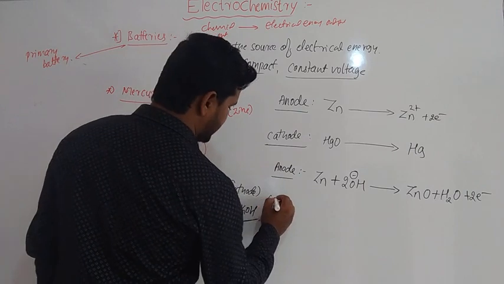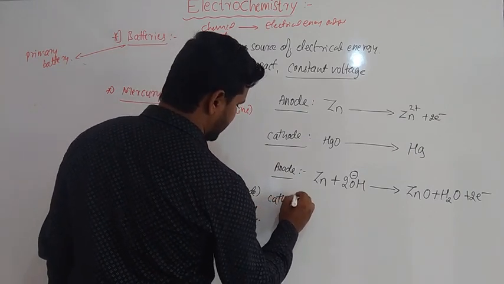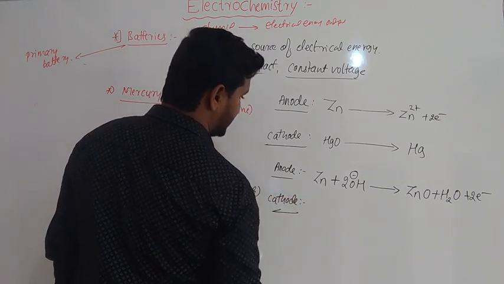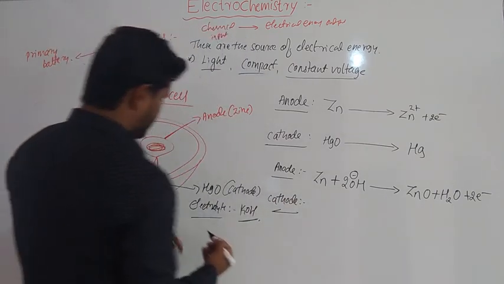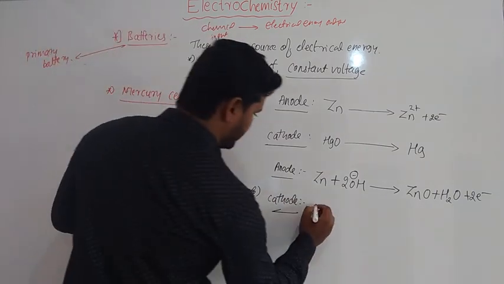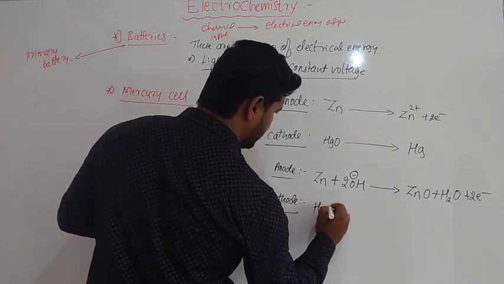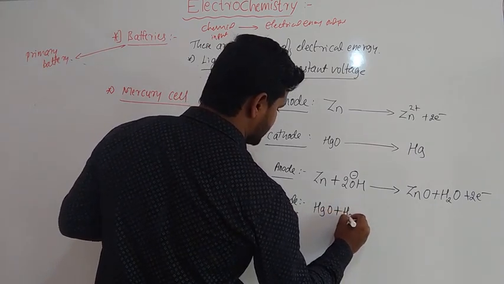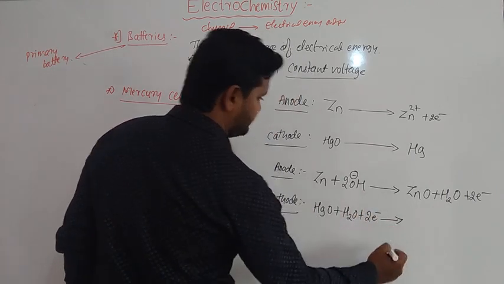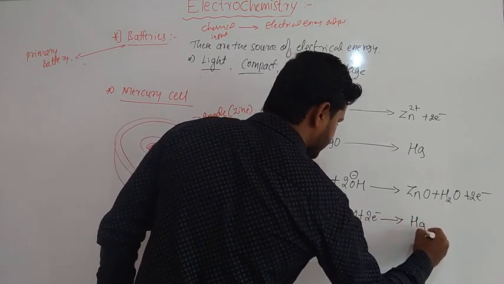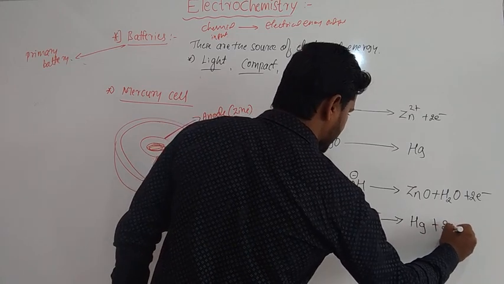And cathode reaction. In cathode, reduction reaction takes place, right? Cathode. Here, which is the cathode? HgO plus H2O, and it gains 2 electrons and becomes mercury, Hg, plus 2OH-.